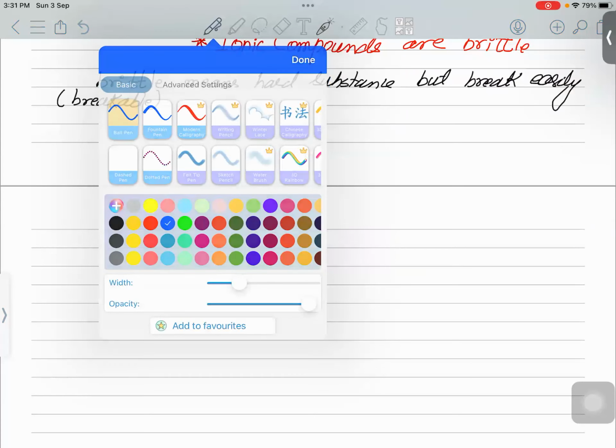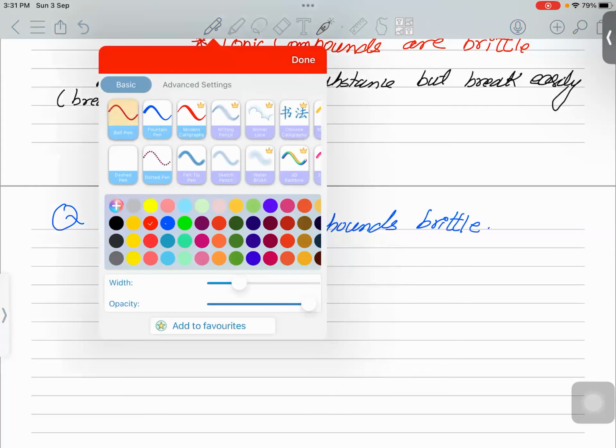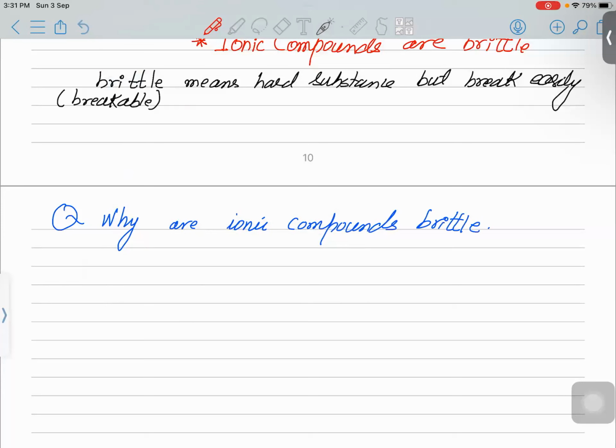So the question is, why are ionic compounds brittle? Can anyone explain why ionic compounds are brittle? Sir, due to the bonding between the cation and the anion. You can say that. Look at the structure of the ionic lattice of sodium chloride, right?